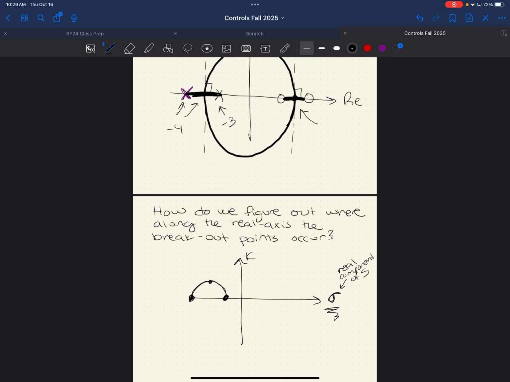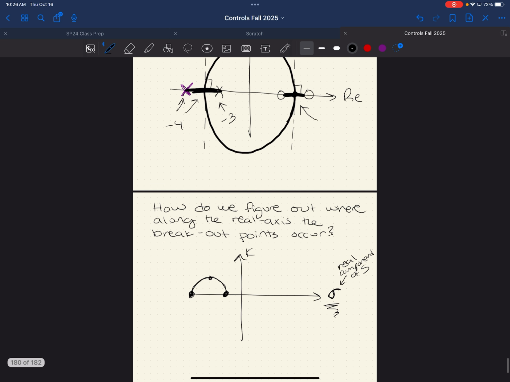So if I have a function and I want to find its maximum, what do I do mathematically? Take the derivative and set it equal to? Right, so on this graph, I'm wanting to find what is the sigma value that results in a slope of 0 of this graph.